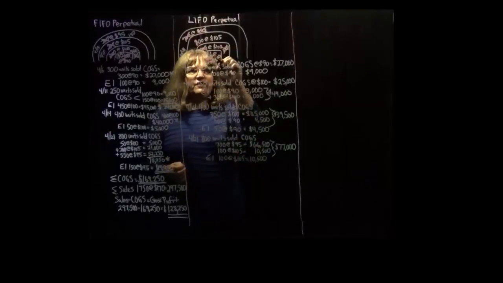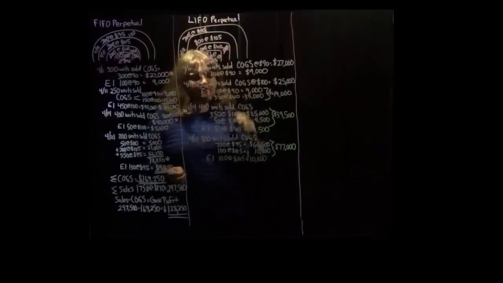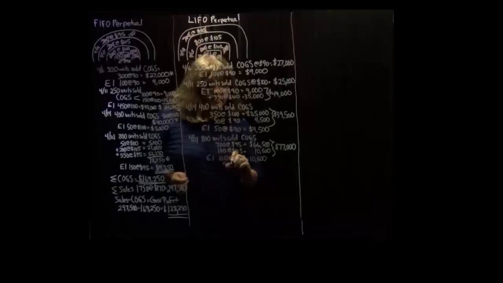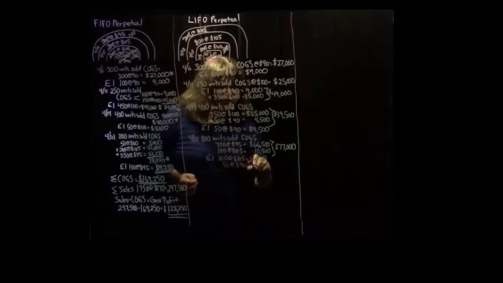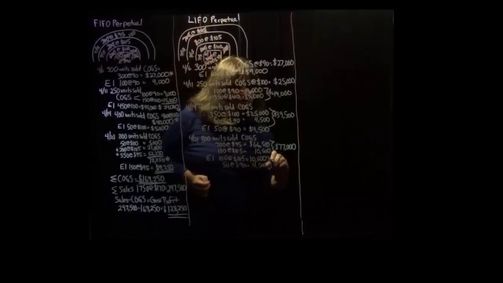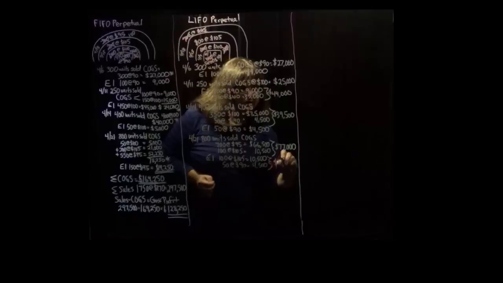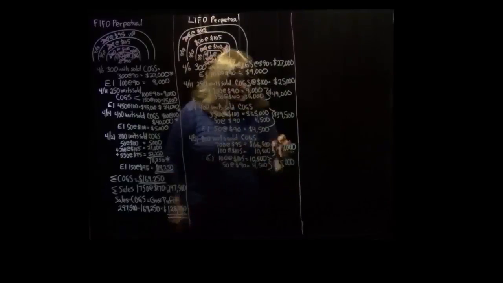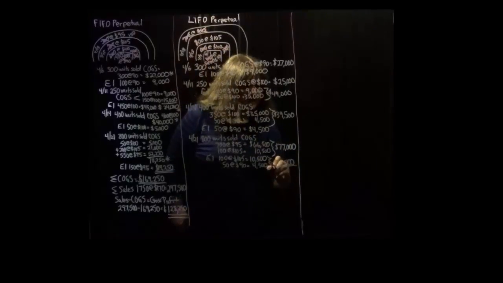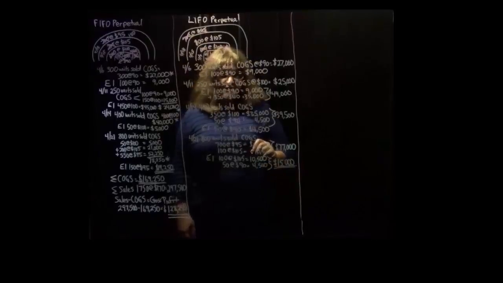Plus we still have that original 50 that cost us 90 for 4,500. Therefore we have total ending inventory of 15,000. So this 15,000 is the answer to the question of what is the ending inventory at the end of April.